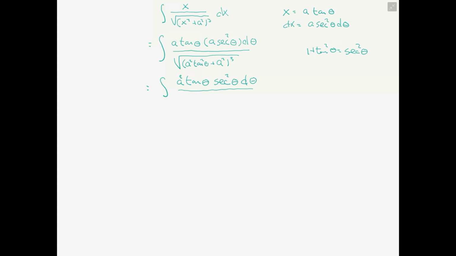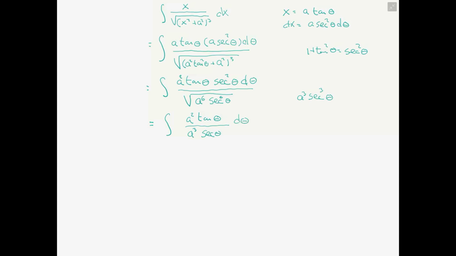But now that's under the square root, so now we have a squared tangent theta, and this bottom half is a to the 3rd secant to the 3rd theta, and so secant squared cancels with that, and we have a to the 3rd secant theta d theta, and we have then down here 1 over a tangent theta over secant theta d theta.